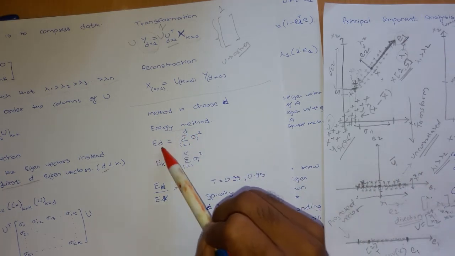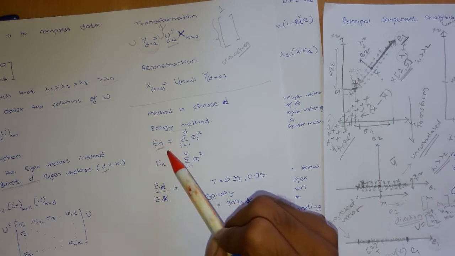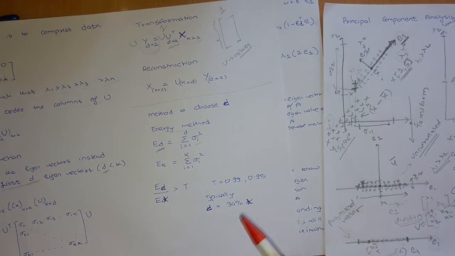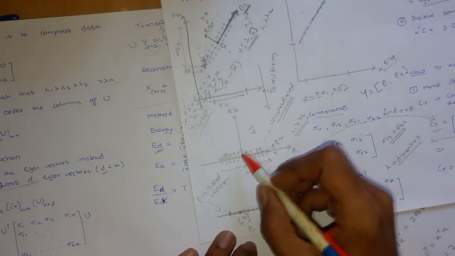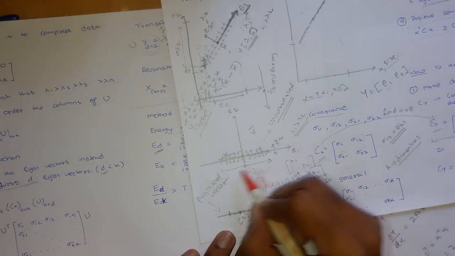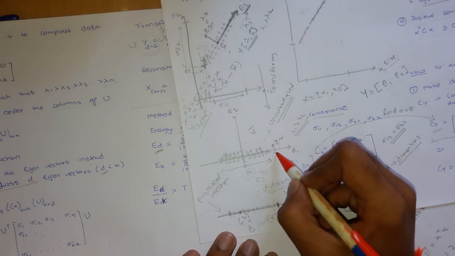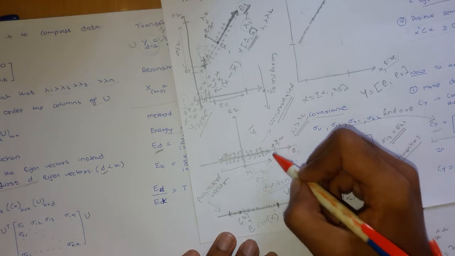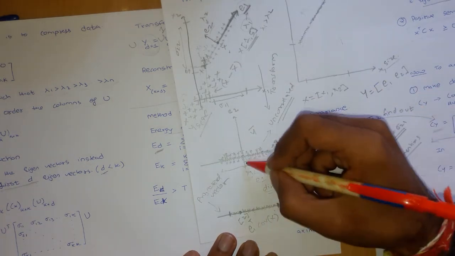So the energy method says that you calculate the energy of all the eigenvectors by just adding all the variances. So suppose I do this, this is lambda 1, that is the variance in E1, and lambda 2 is the variance in E2.